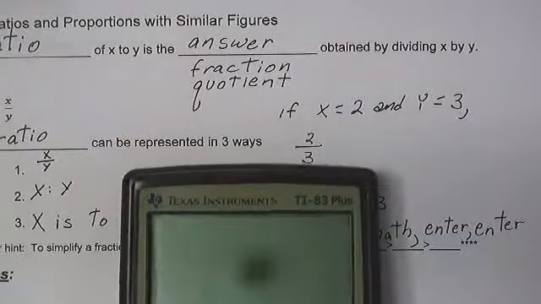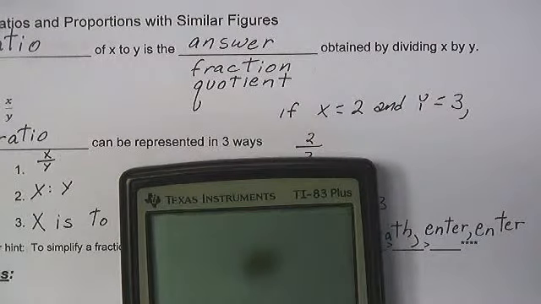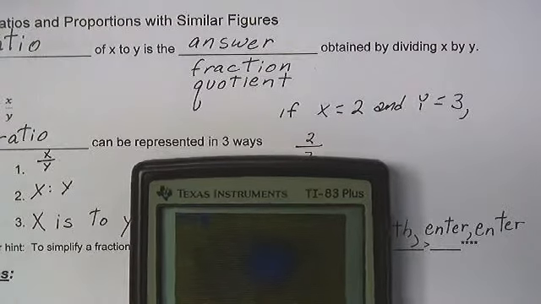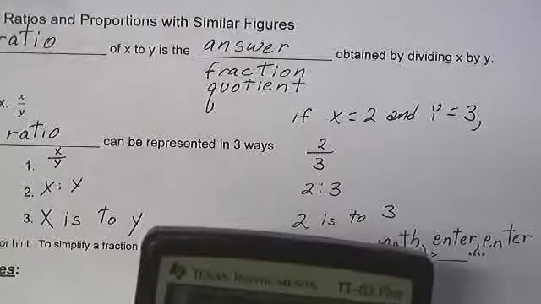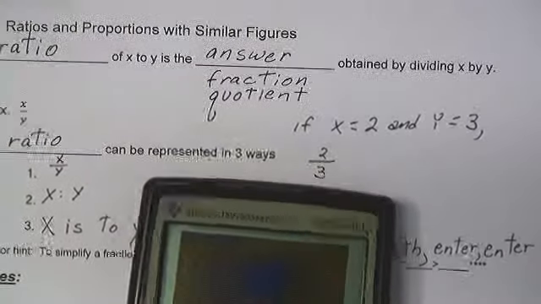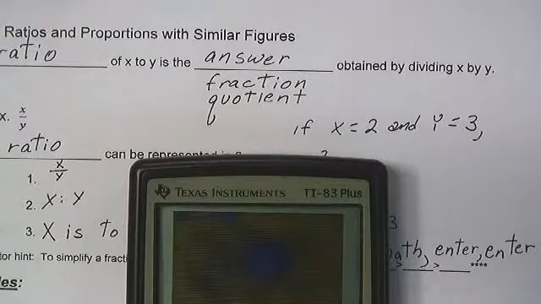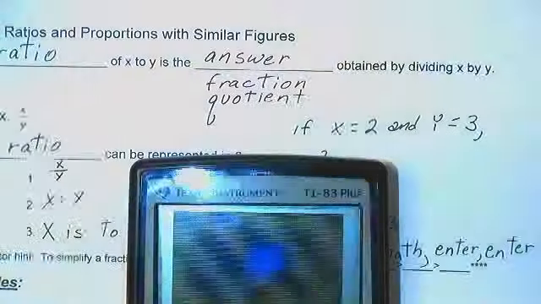If, for example, you choose to reduce the fraction 24 over 48, let's see if I can fix this so you can at least see it.